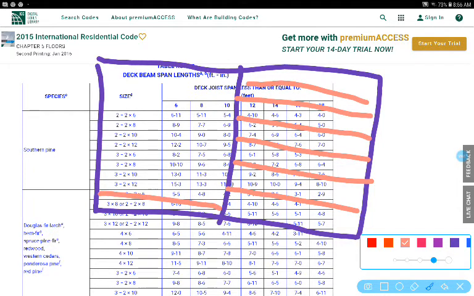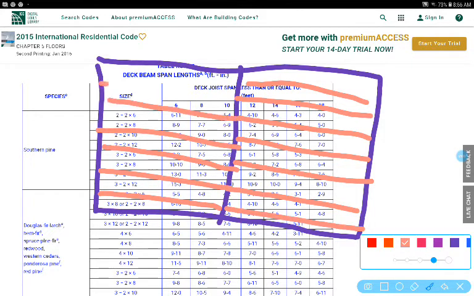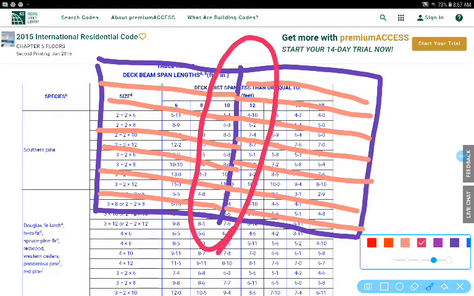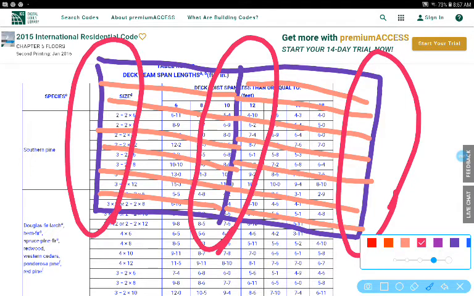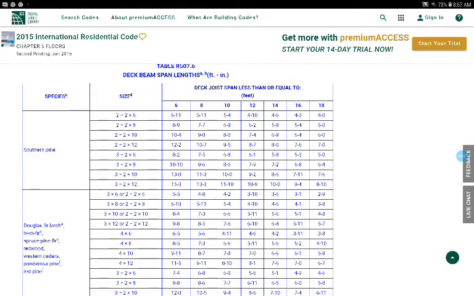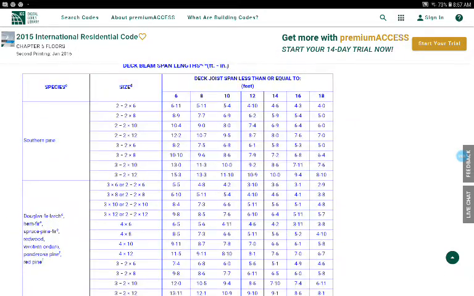And you have, sorry about the drawing, but it gets the point across. You have the deck beams. And that's what we're talking about. Like, that's a beam, this is a supporting beam, and this is a supporting beam. Because that's carrying the load of the floor joists. Okay? So this is the chart we use to size those.